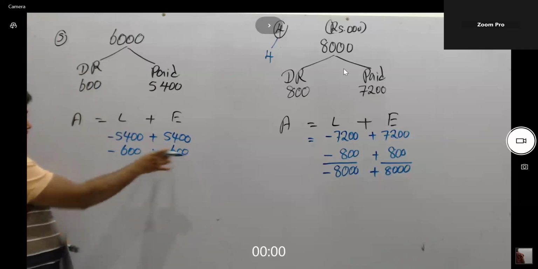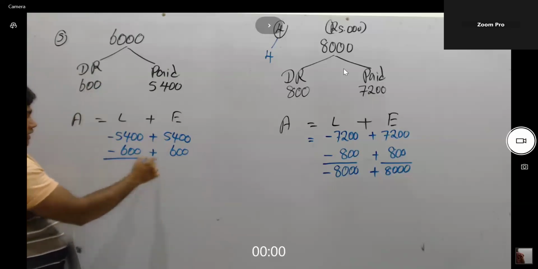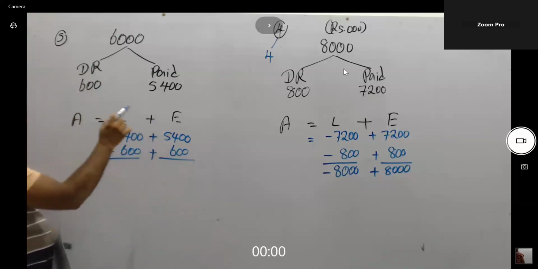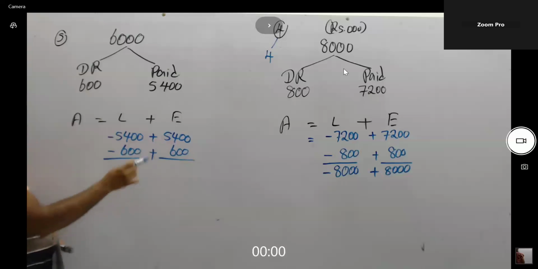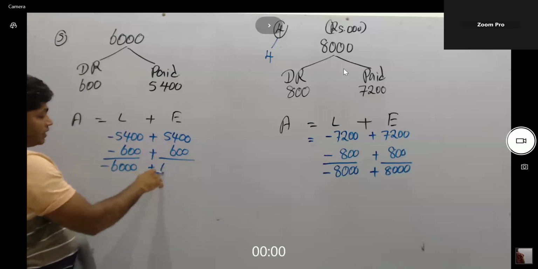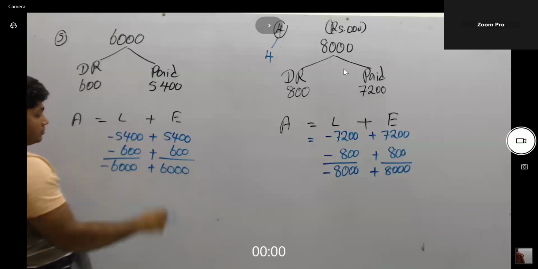Discount received account credit, creditors account debit. Discount received also affects liability decrease. So there are two transactions: paid for creditors by the owner, and discount received. Liability decreased by 6,000 as well as equity increased by 6,000.